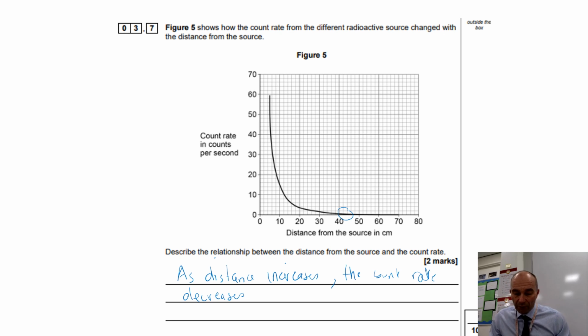Where does the graph go to 0? Where does our count rate go to 0? And that's as the distance increases, the count rate decreases until, and it's about 42 centimetres if you look at your graph carefully, until 42 centimetres, where the count rate equals 0. And that's where you get your second mark from.